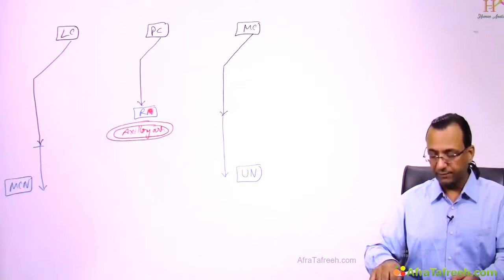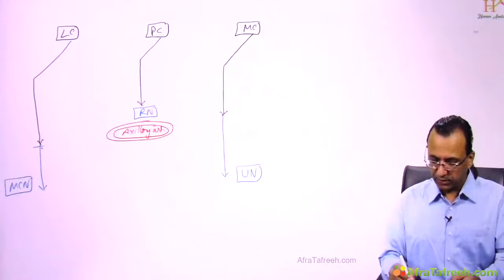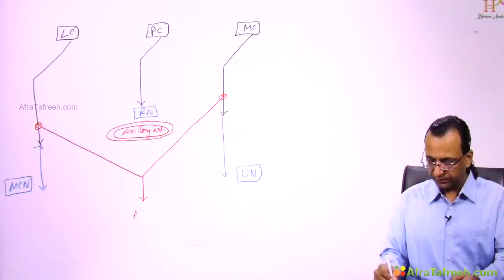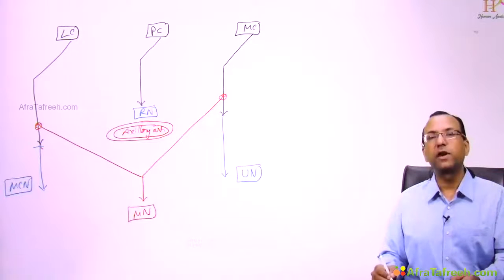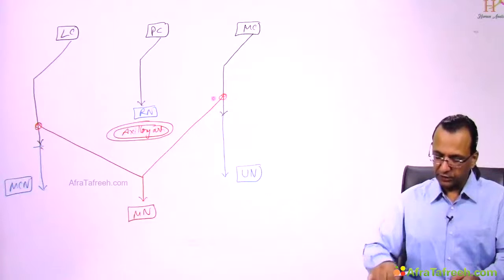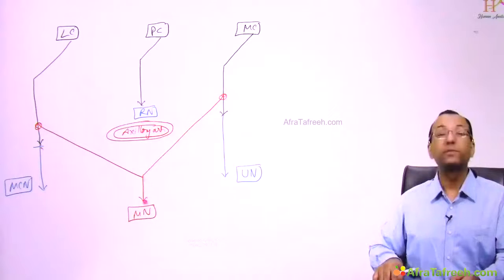And then you will see how the median nerve is formed. The lateral cord and the medial cord will continue towards the median nerve, which will run in the midline, contributed by the medial cord and also the lateral cord of the brachial plexus.